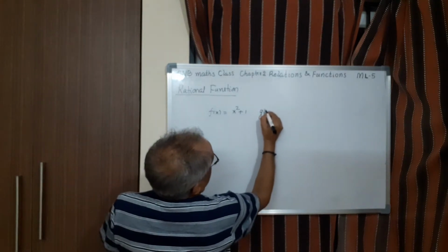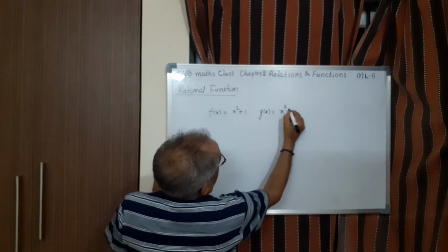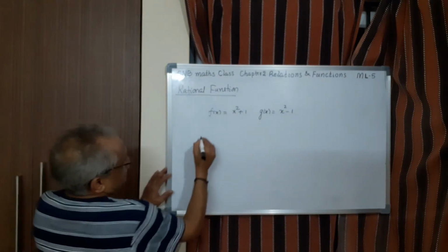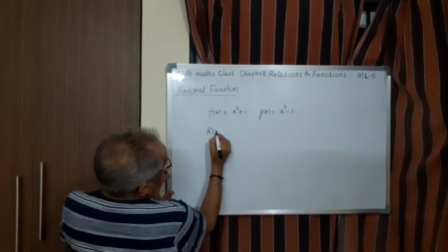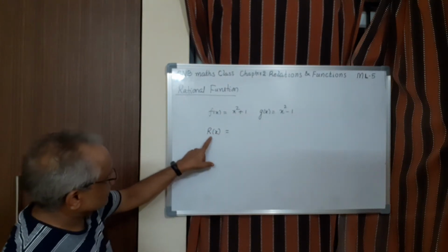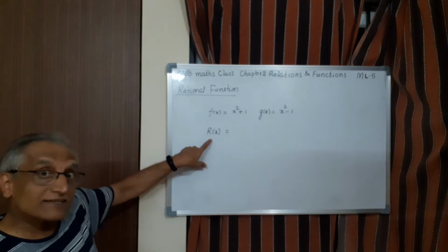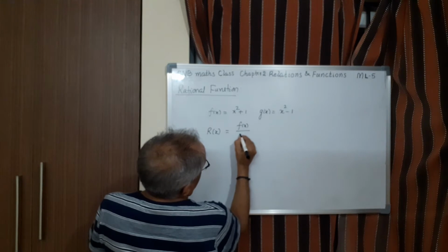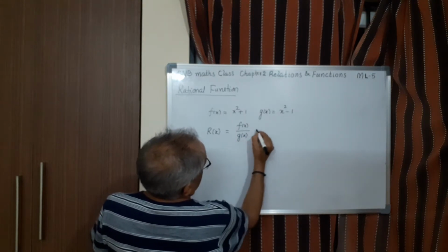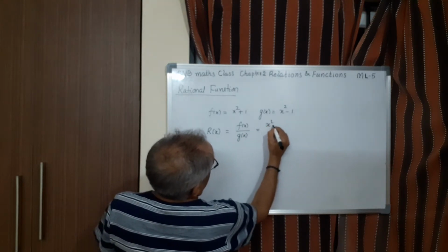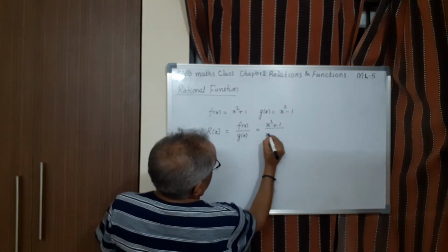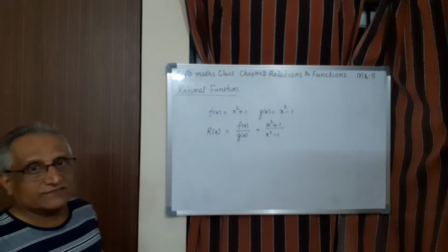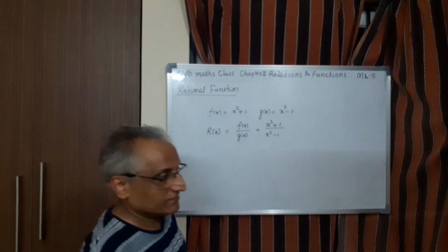Say g of x equal to x square minus 1, another polynomial function. Now if you define r of x, I am taking r of x denoting rational function, equal to f of x divided by g of x, say x square plus 1 by x square minus 1, this is called rational function. So we can define the rational function like this.